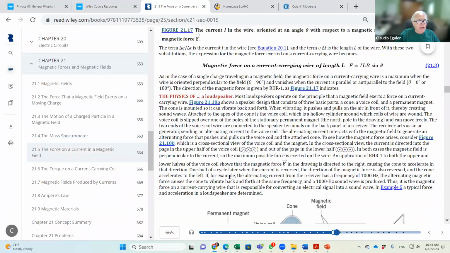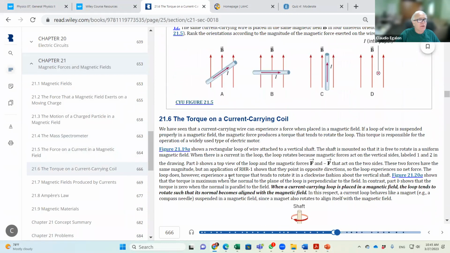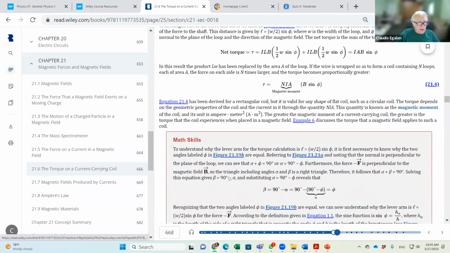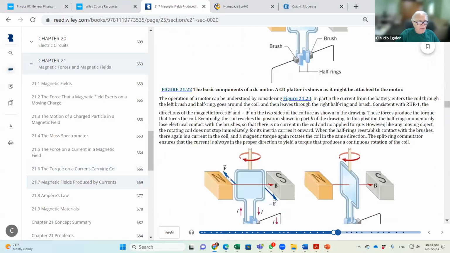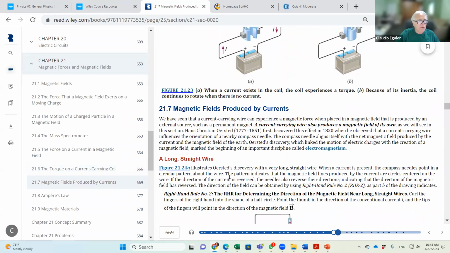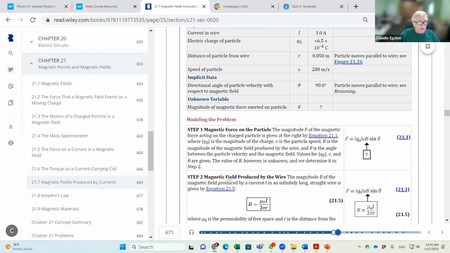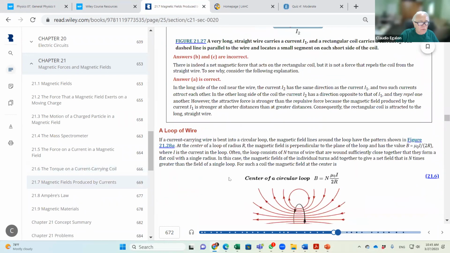Let's see if they usually teach also magnetic fields produced by current. Okay. Yeah, they don't have the case of the synchrotron here.